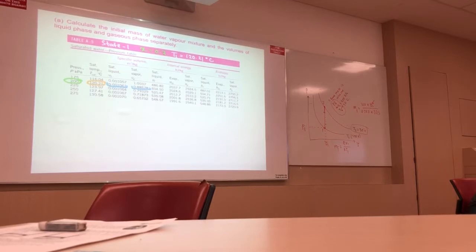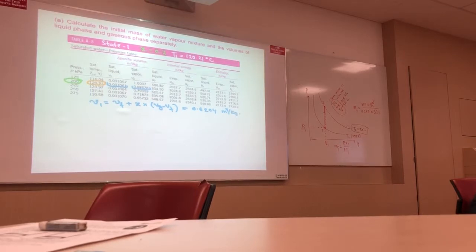Alright. Now you have to calculate what? V1. Vf plus x times Vg minus Vf. You substitute all the values, then you can find 0.6204 meter cube per kilogram. Right.